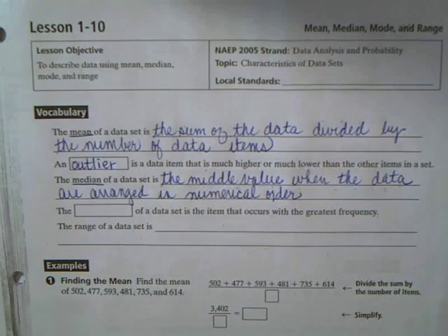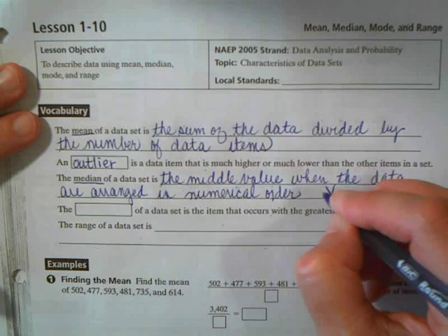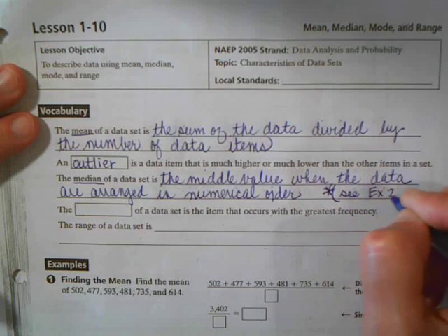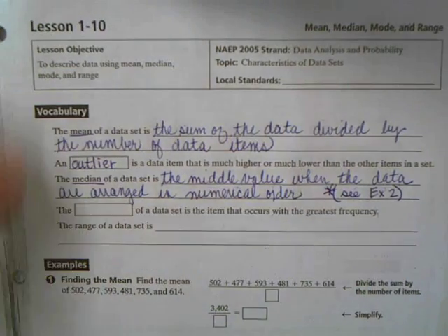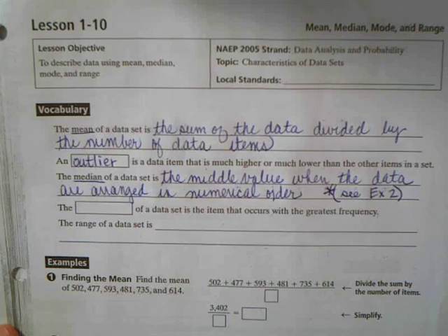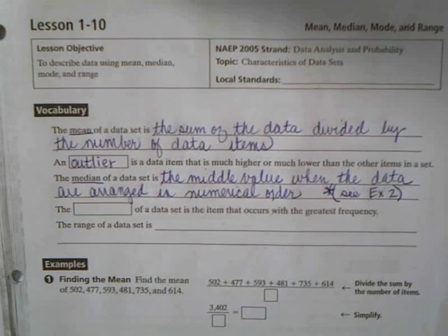Okay, so if you have an odd number of data items, there is going to be an exact middle number. For an even number of data items, we'll see what happens in example 2 down here. So I'm also going to put a little star here and say see example 2, because it tells us what to do in that case, so we don't need to write it over down here. And then when we get down there, you can put a star by it in your notes as well. But basically we line them up and the median is going to be the middle value.